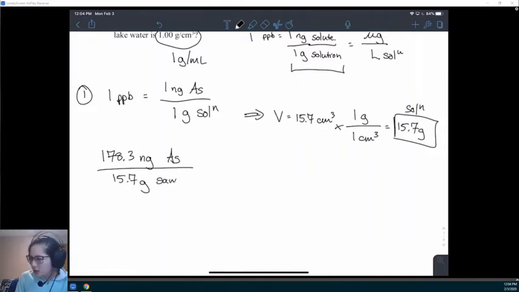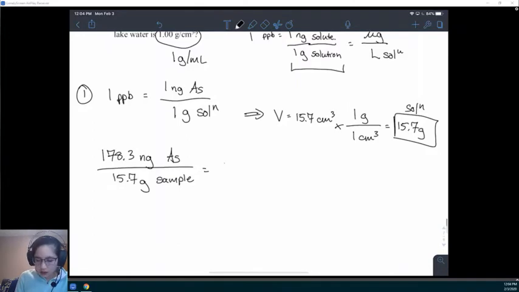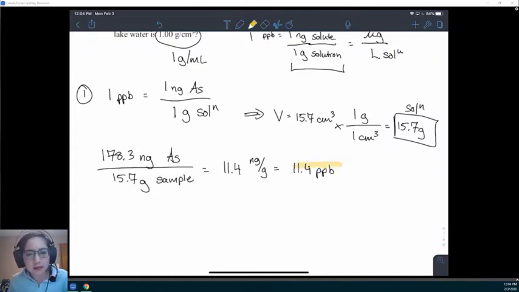And that equals 11.4 nanograms per gram of sample, or 11.4 ppb of arsenic. I always like to say what the concentration is actually measuring.